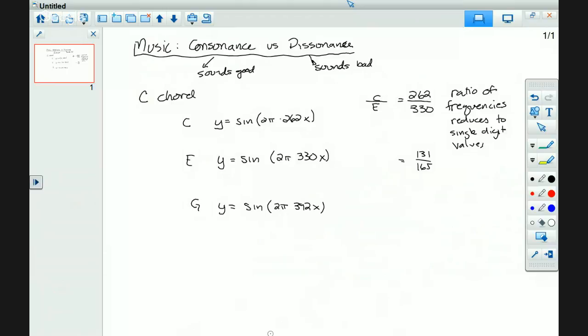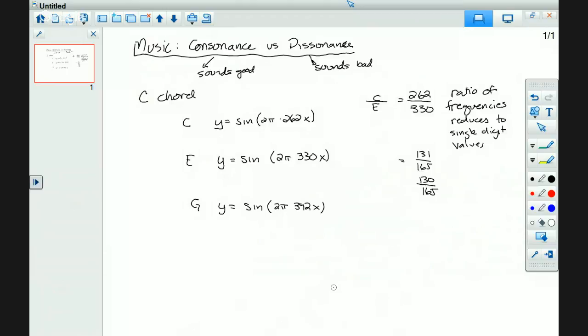Can I reduce that fraction? Probably not. So does that indicate those are consonant? This is where you have to fudge your math a little bit. Can I reduce this? Yeah, it's pretty darn close, right?